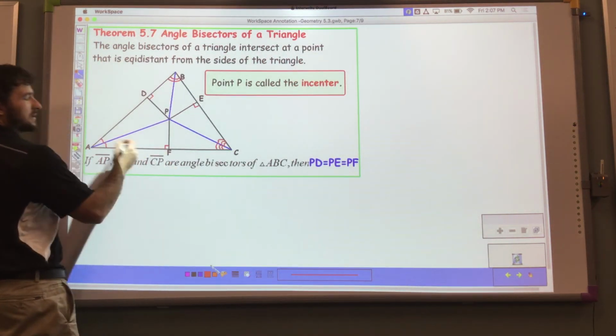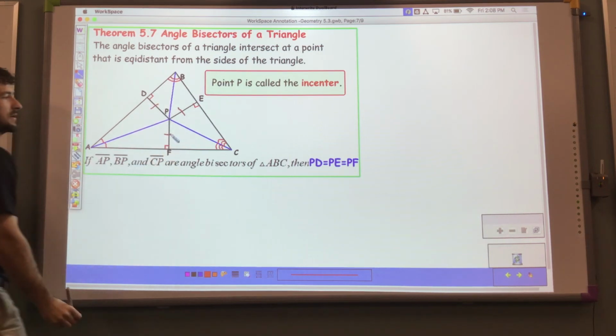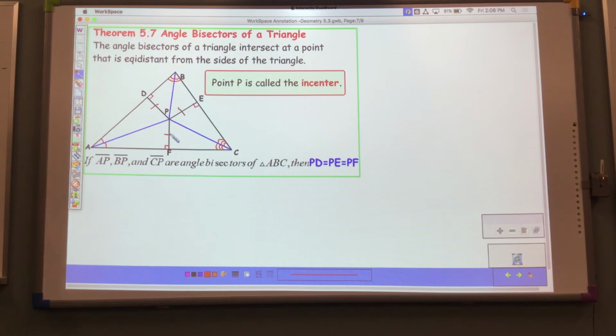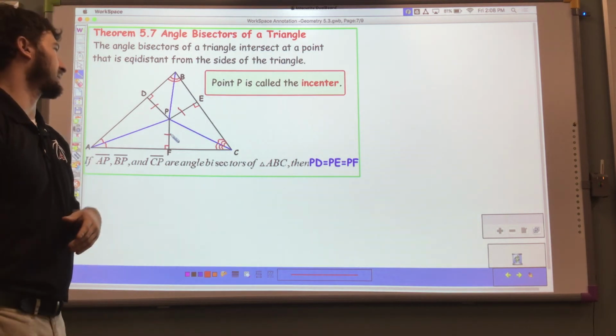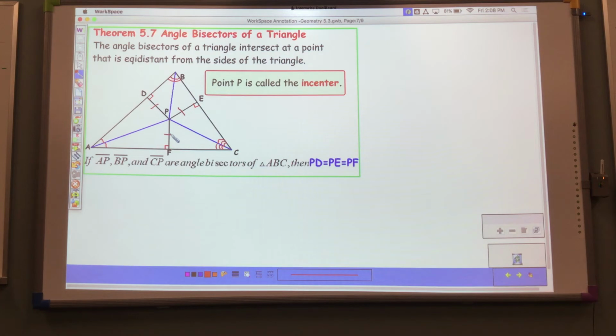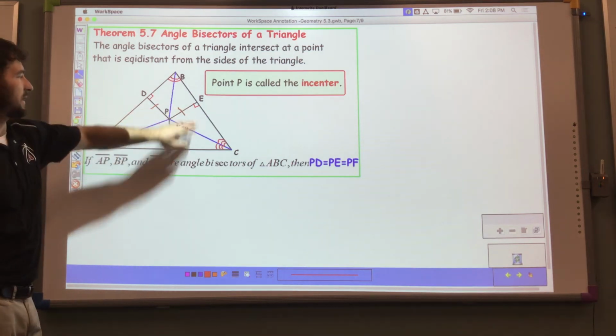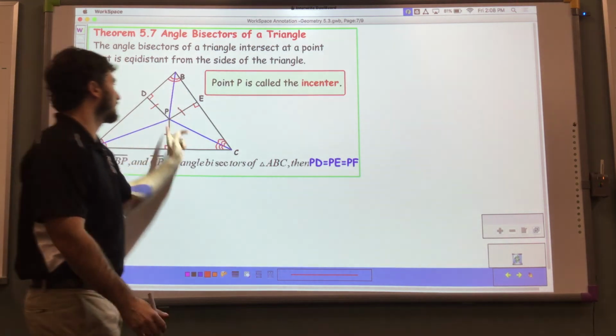So the angle bisectors are the blue ones, so that point is equidistant to all the sides. That point is called your incenter. The other day we learned about the circumcenter, which is where the perpendicular bisectors intersect. There's a lot of vocab here. All right. So, as we said again, these lengths would all be equal if the angle bisectors meet up at that point.